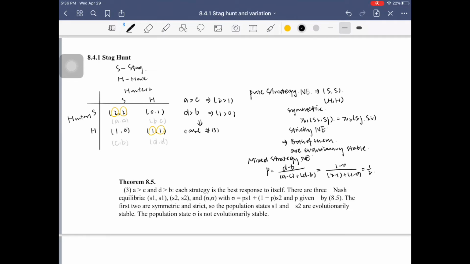So we get P is 1 over 2. Of course, 1 minus P is 1 over 2.